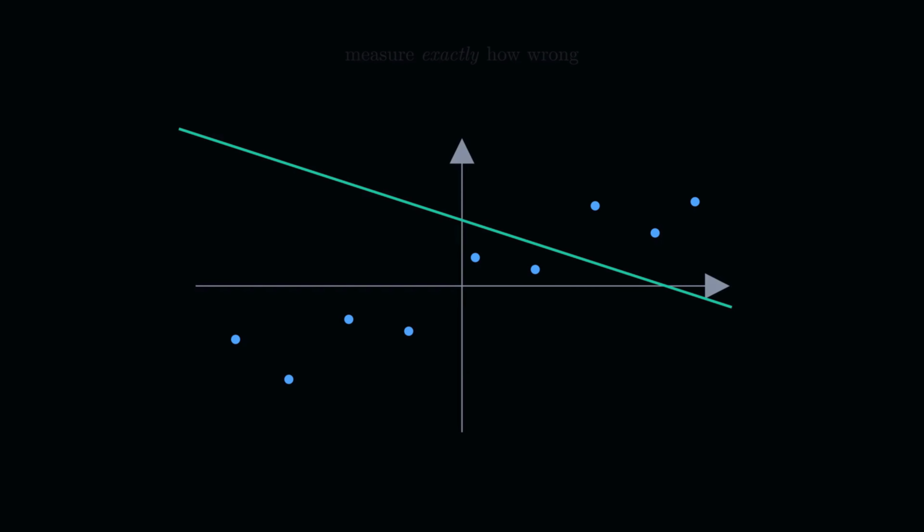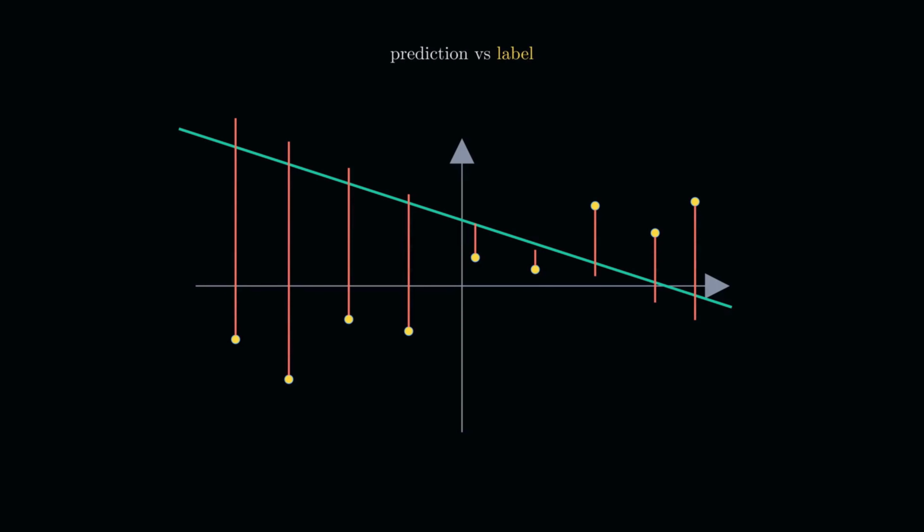Then we do something simple and relentless. We measure exactly how wrong it is. For every example, we compare the prediction to the true answer in the label, and we boil all that disagreement down into a single number. That number, the total wrongness, is called the loss.